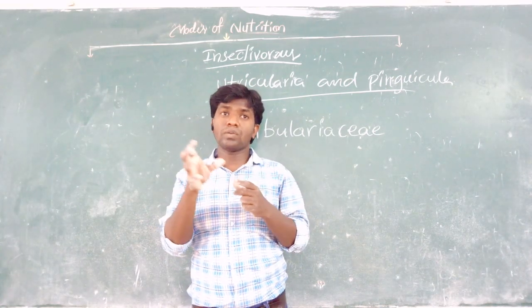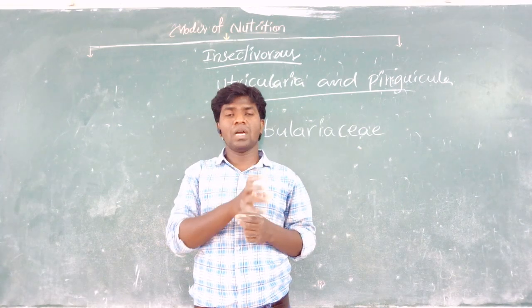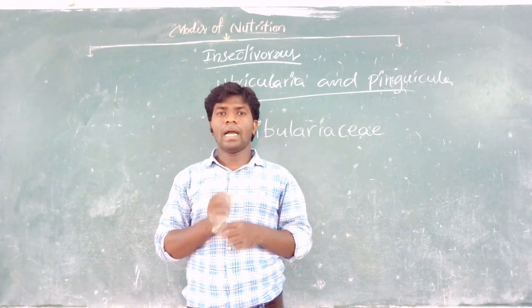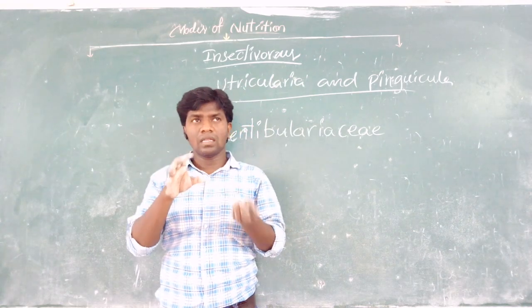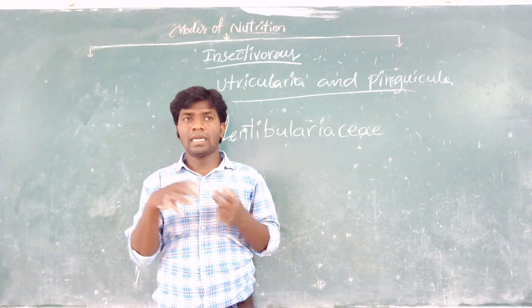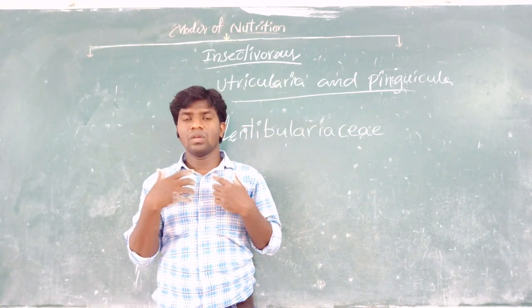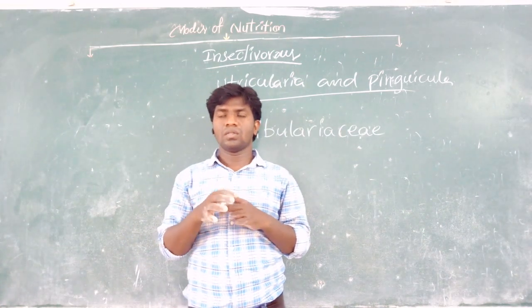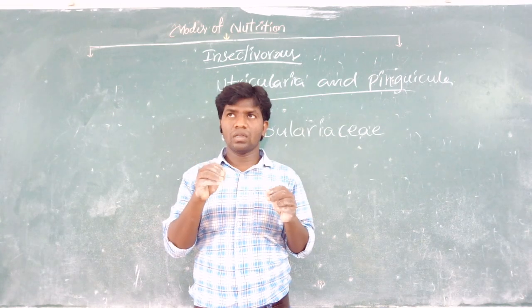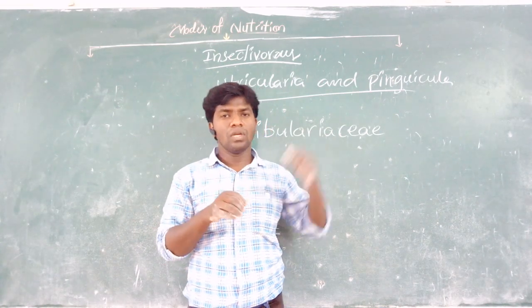Some eye drops are also made using Nepenthes plants. And Utricularia is useful against cough, for dressing of wounds, and as a remedy for urinary diseases. So these are the medicinal properties of Utricularia.